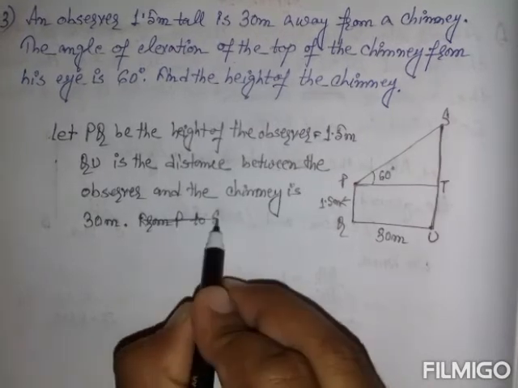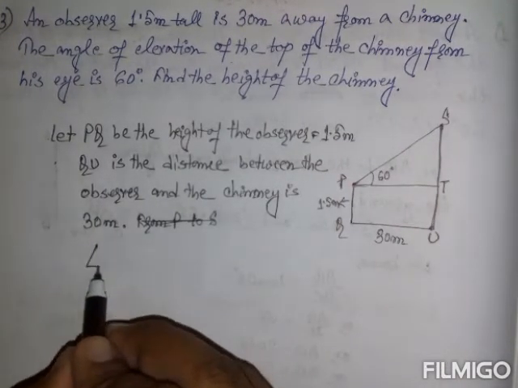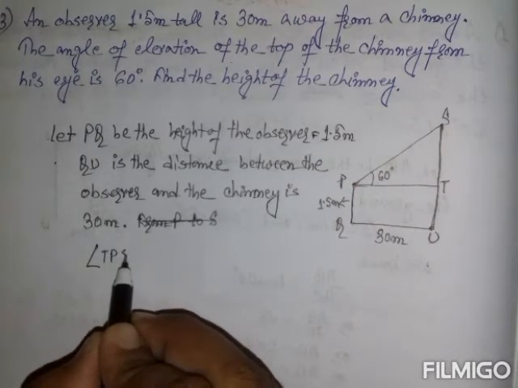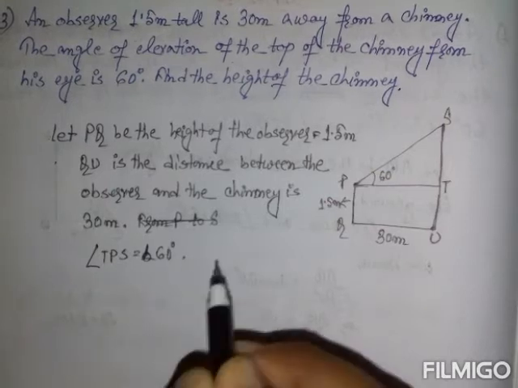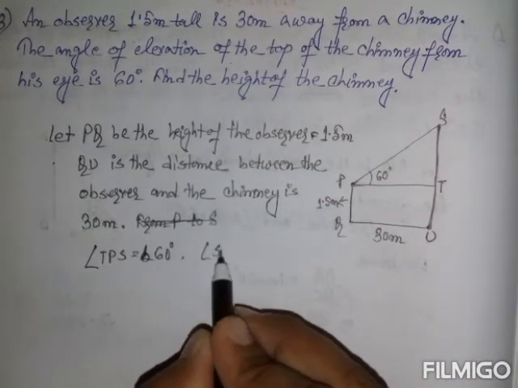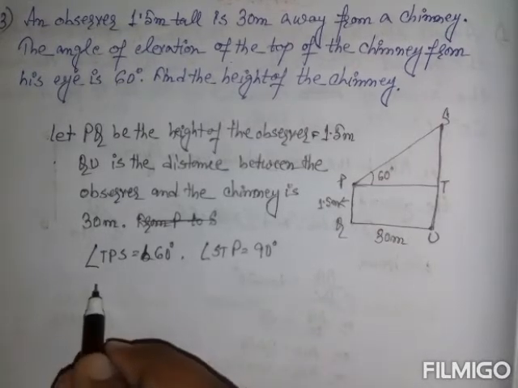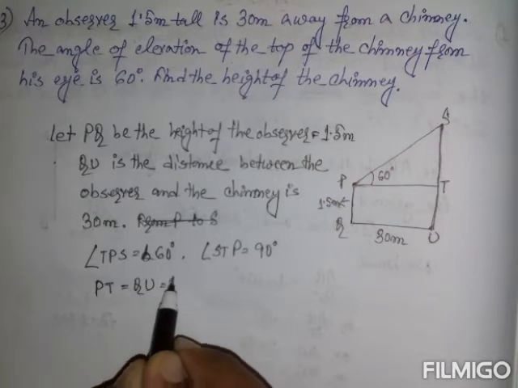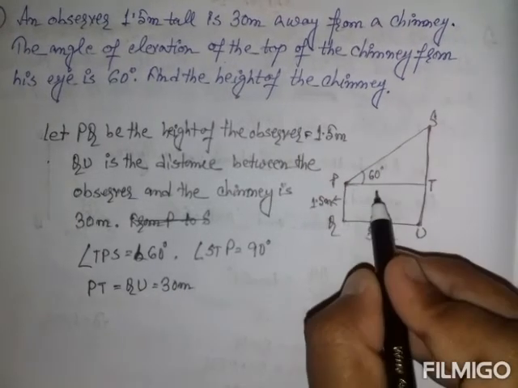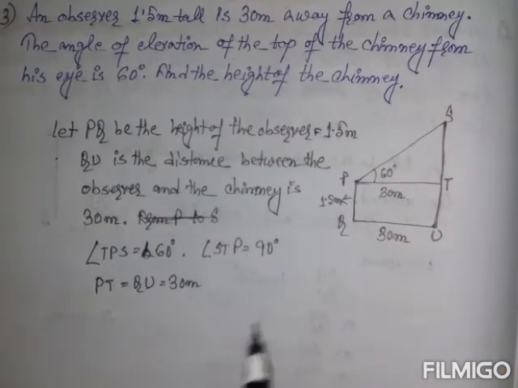So angle TPS is equal to 60 degree. Now angle STP is equal to 90 degree, and PT is equal to QU is equal to 30 meter. This is 30 meters, so this is also 30 meter.